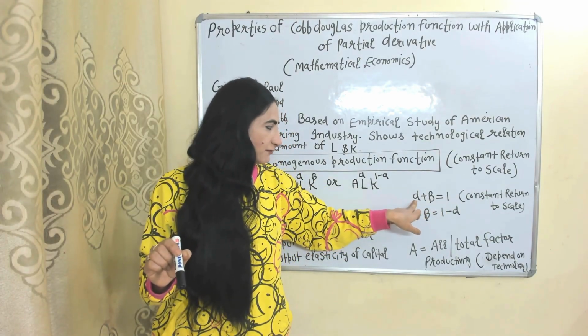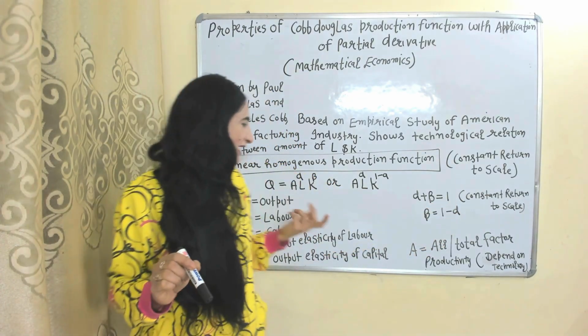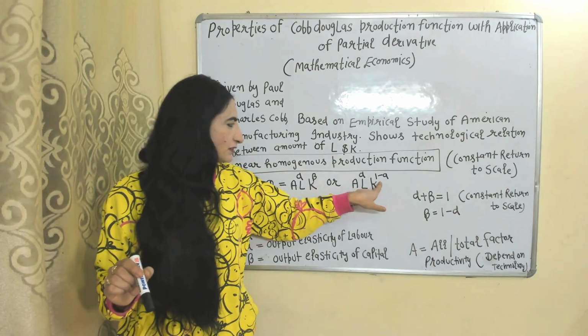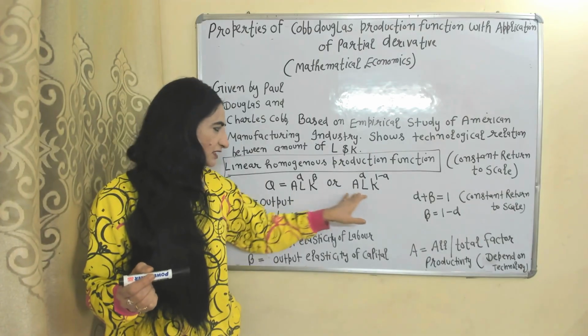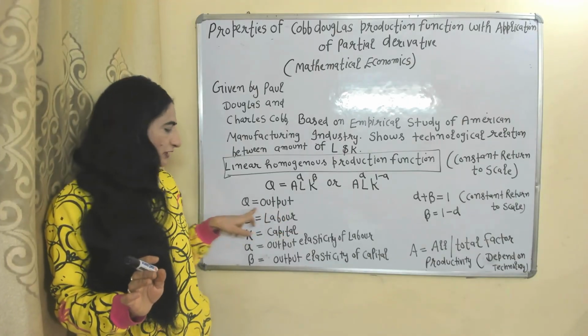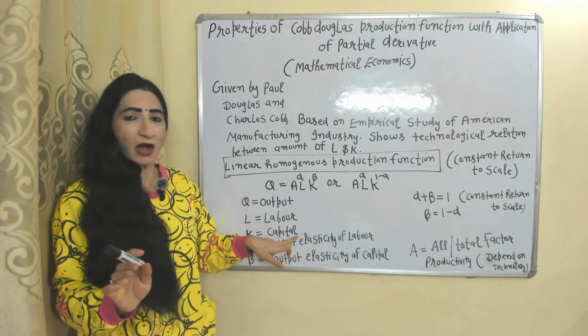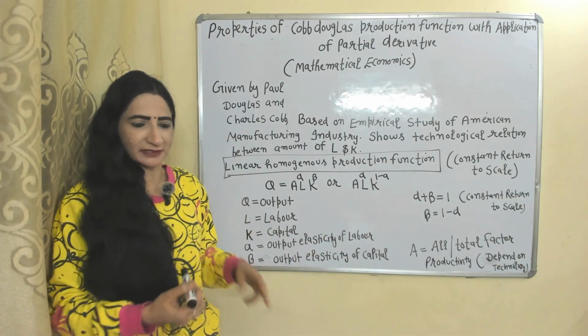If alpha goes to this side, then beta becomes equal to 1 minus alpha. That's why whether we write beta or 1 minus alpha, the meaning of both is the same. So we can say that these two production functions are the same. Q is output, L labor, K capital, alpha output elasticity of labor, and beta output elasticity of capital.